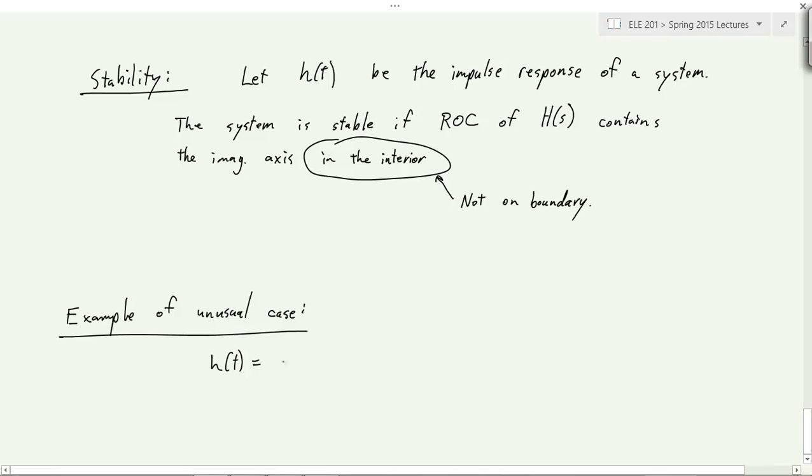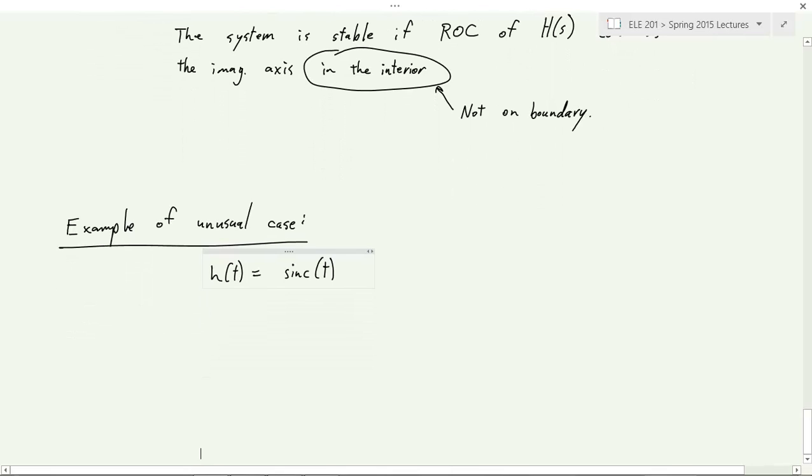Let's have the impulse response be the sinc function. Sinc is so important to us when we do sampling, when we do the Fourier transform, low-pass filter. But in fact, it's not going to be something we care much about for the applications where we use the Laplace transform. And let's just see how the Laplace transform is actually not very good for this signal.